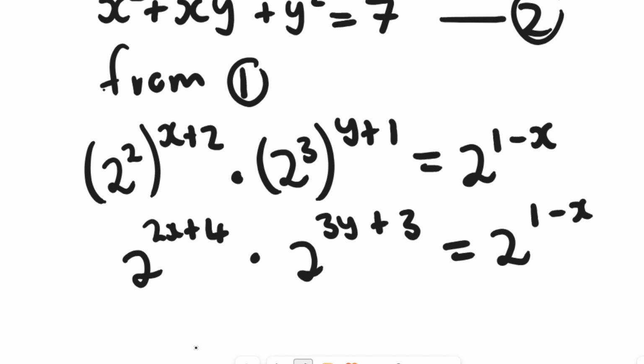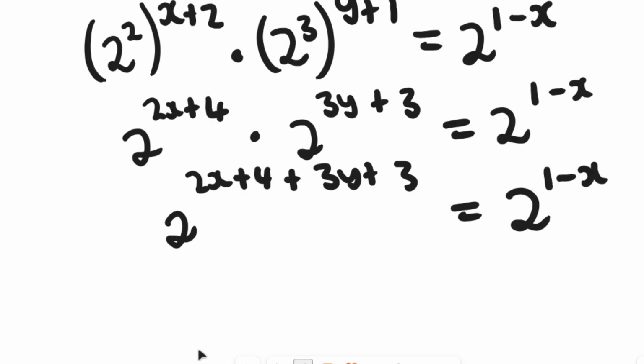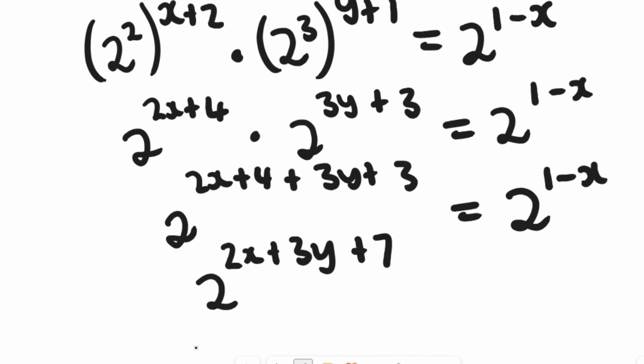So we have 2 to the power of 2x plus 4 plus 3y plus 3, which gives us 2 to the power of 1 minus x. Okay. From here, we have 2 to the power of 2x plus 3y plus 7, equal to 2 to the power of 1 minus x.